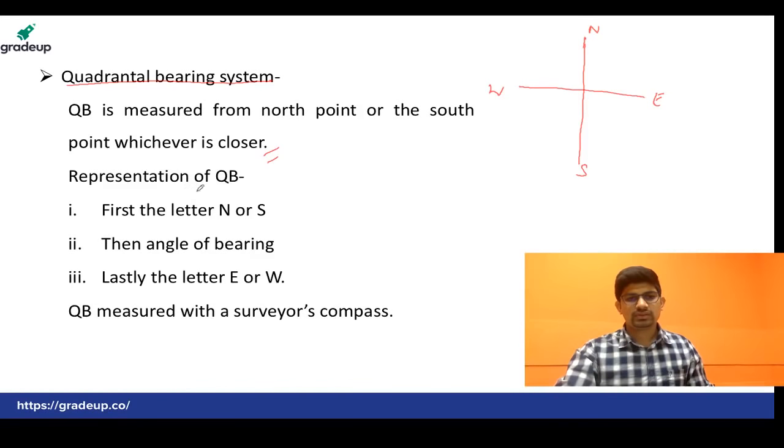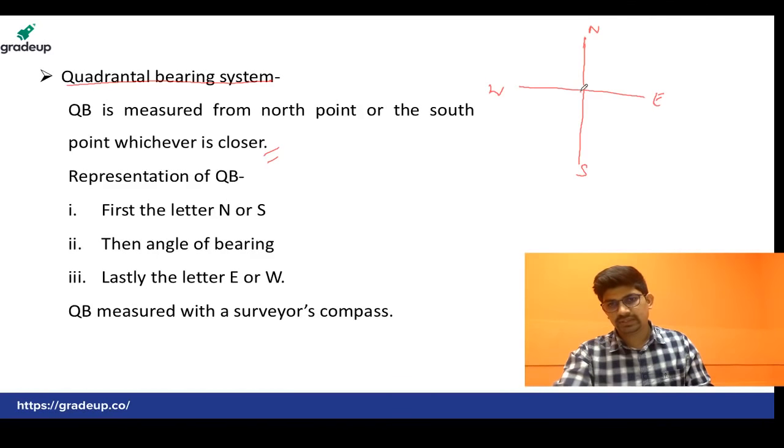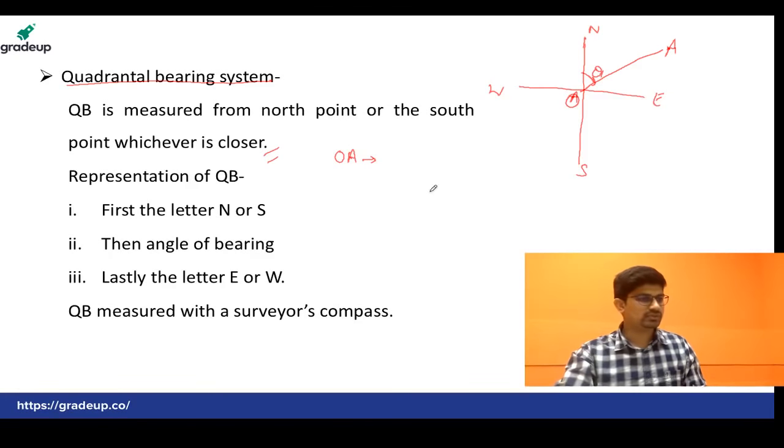So how do you represent a quadrantal bearing? First, the letter north or south. Take an example: suppose this point is O and this is A, and for the line OA this angle is theta 1. How will you represent the bearing of this line?